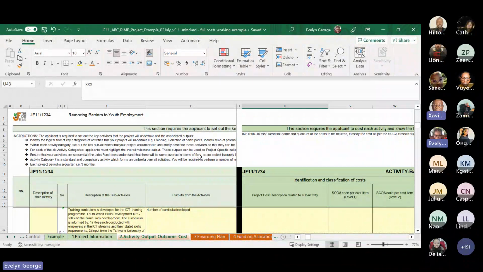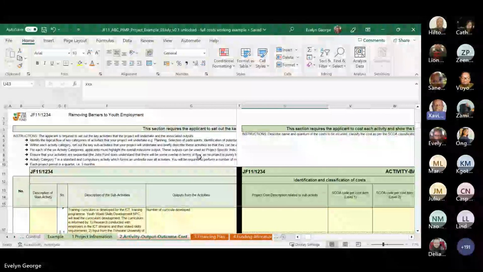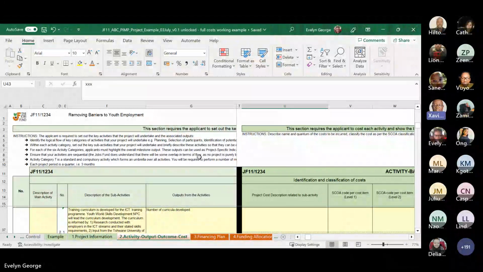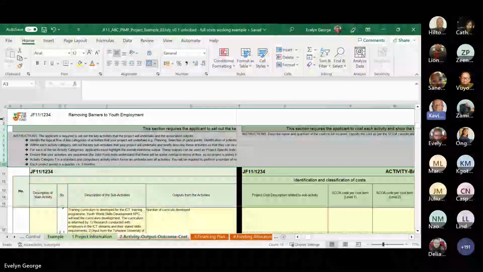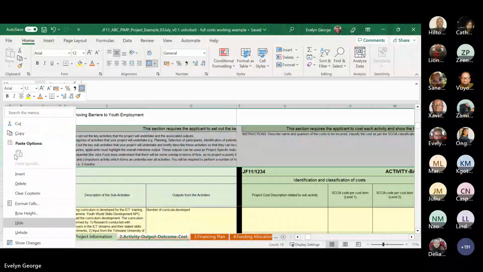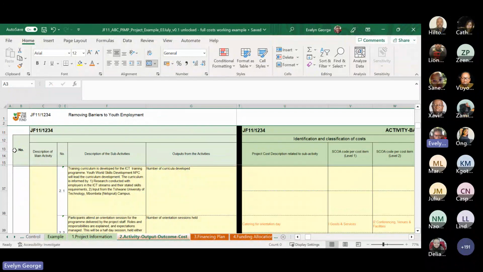Then the other one was, would new training staff, e.g. lecturers, mentors, coaches, education managers, that are 100% dedicated to the project, be classified under goods and services, slash training, or under compensation, slash new staff? Okay, so let me start with the first one.